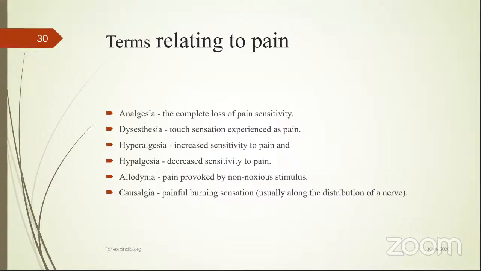Hyperalgesia is increased sensitivity to pain; they feel more pain. Hypoalgesia is decreased sensitivity to pain. Everything is related to pain over the skin. Allodynia is pain provoked by a non-noxious stimulus. Non-noxious means even a pen drive or a pen, which is not sharp, will create pain for them. Causalgia is a burning sensation throughout the nerve.